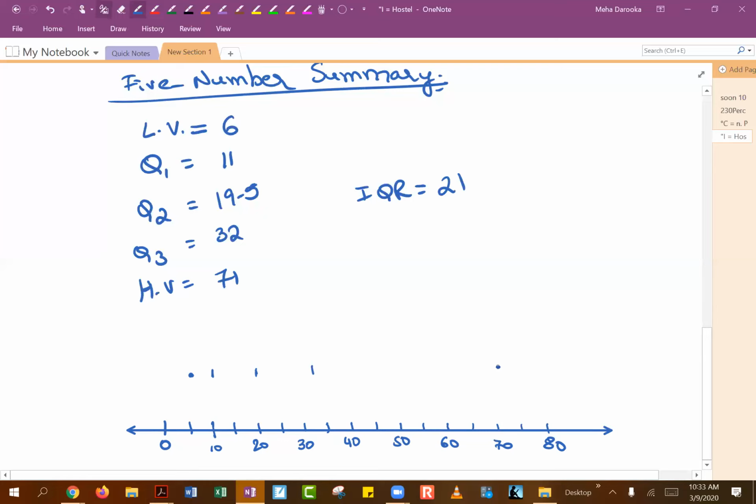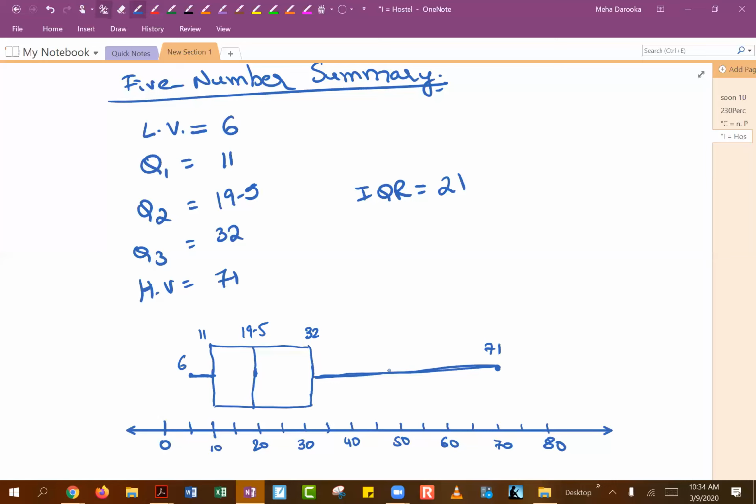Okay, quartile 1 to quartile 3 is the box. So that's 6, 11, 19.5, 32, 71. Going from the lowest value to quartile 1 is a horizontal line. Going from quartile 3 to the highest value is also a horizontal line.